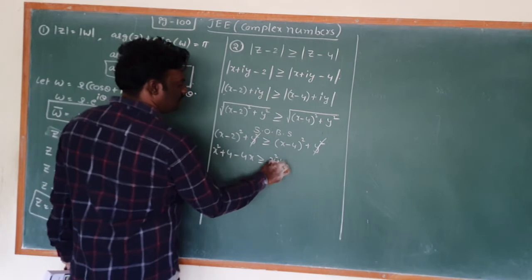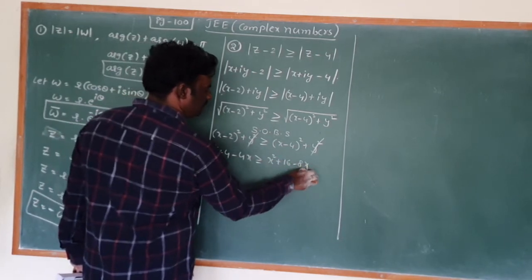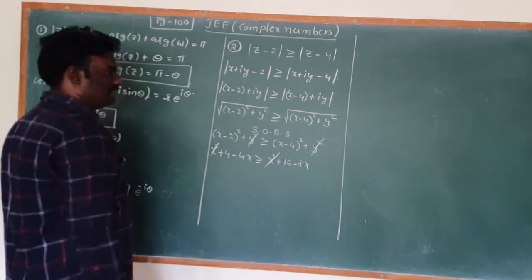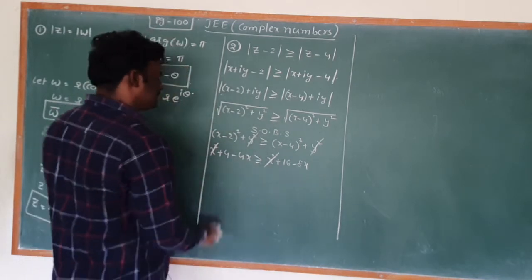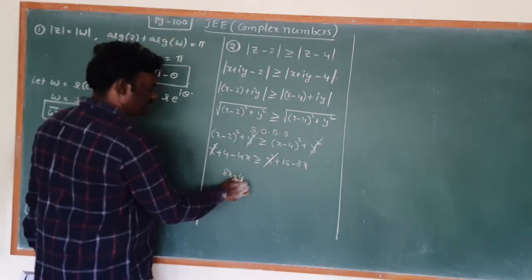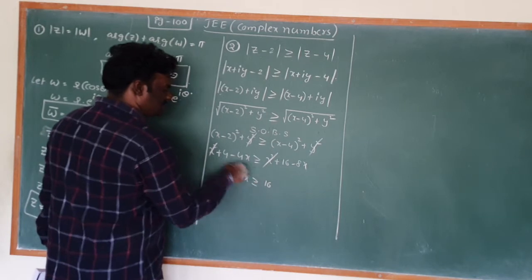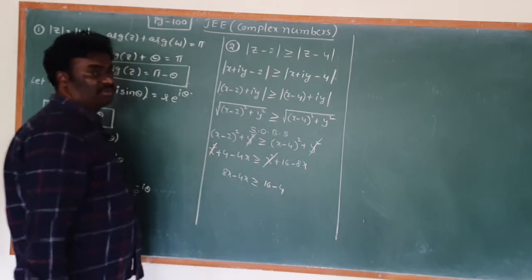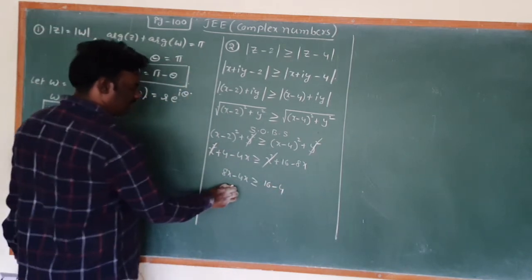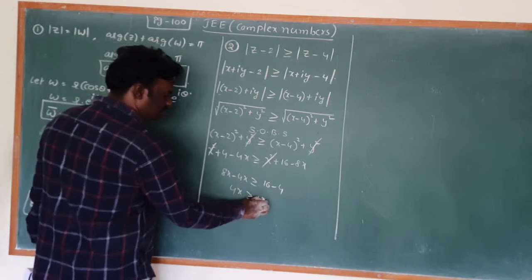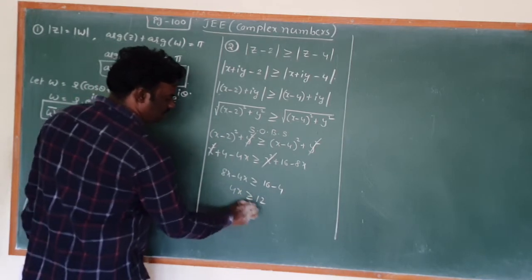Then x square cancels, minus 8x comes to this side as plus 8x, 8x minus 4x is greater than or equal to 16, and this plus 4 goes to that side as minus 4. Then 8x minus 4x, 4x is greater than or equal to 12. Then x is greater than or equal to 3, 4 cancels 3 times.